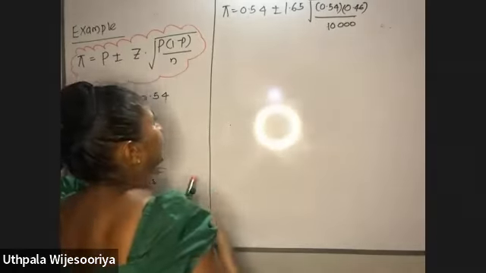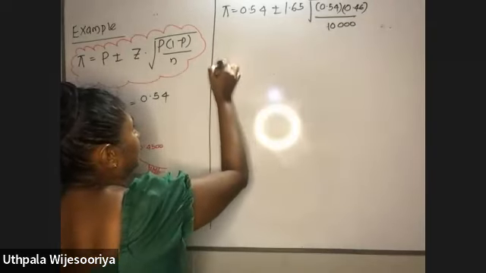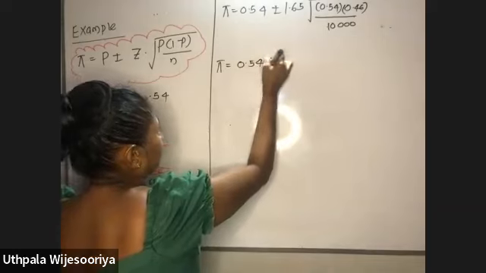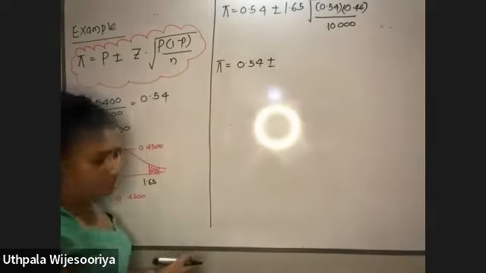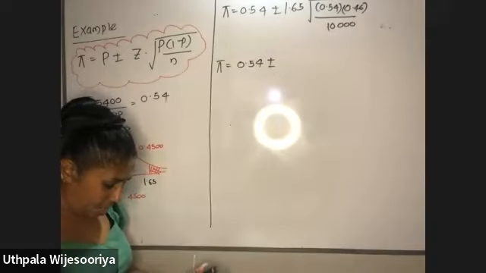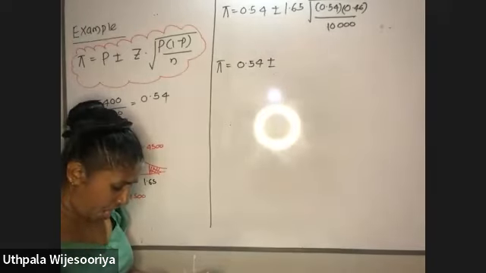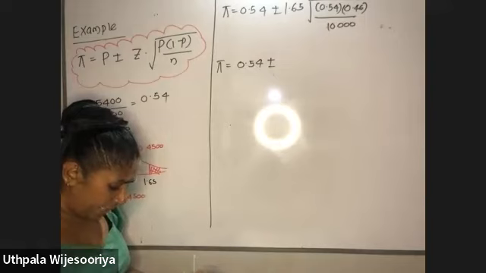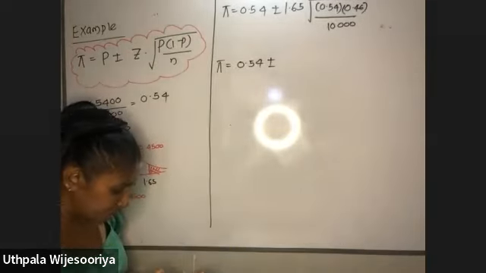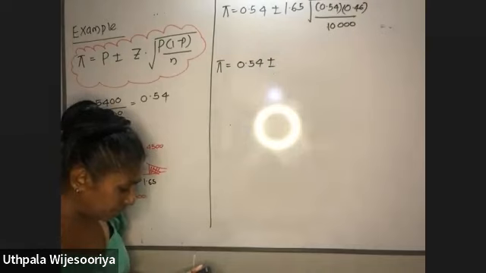So multiply together and make that the error term. Plus or minus 0.54 into 0.46, divided by 10,000. Square root of that. What is that?